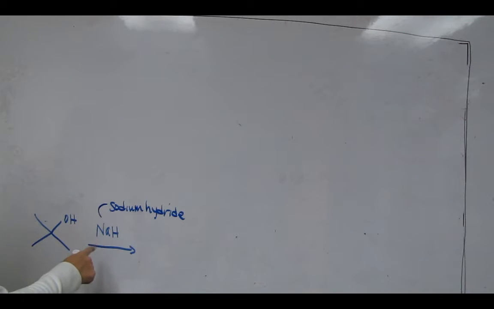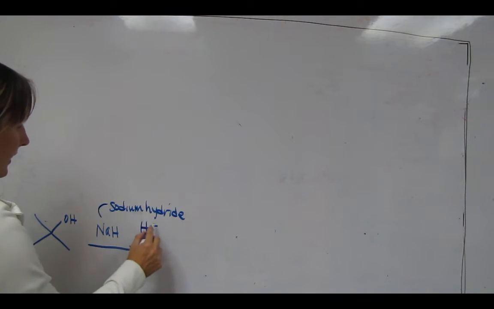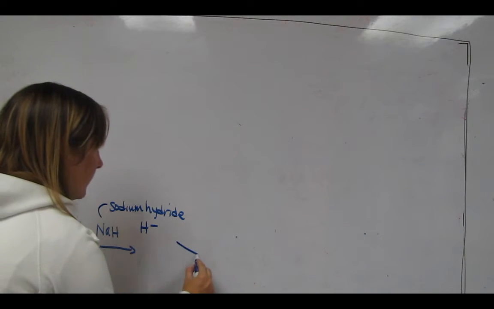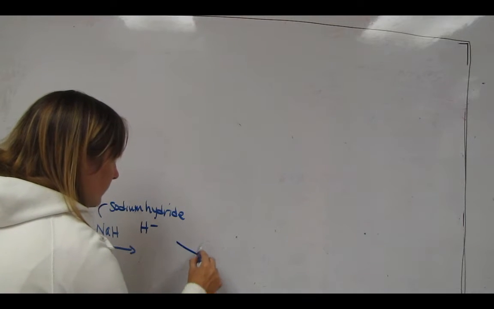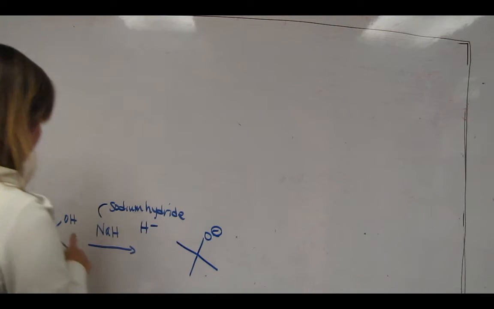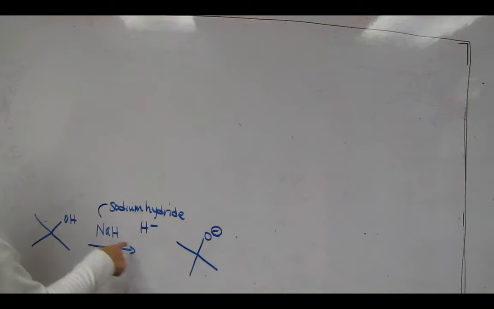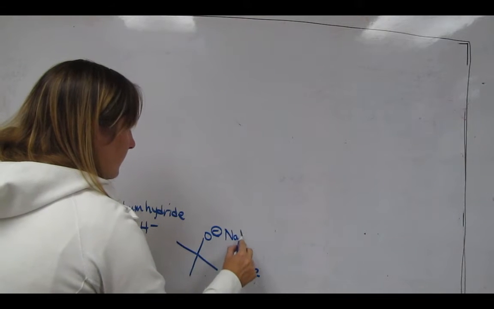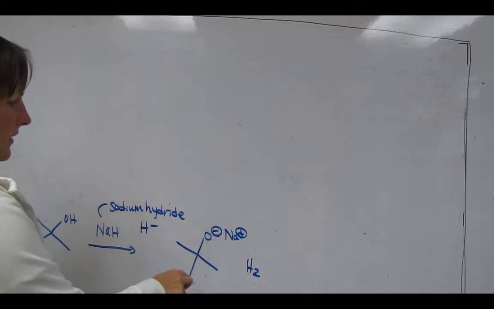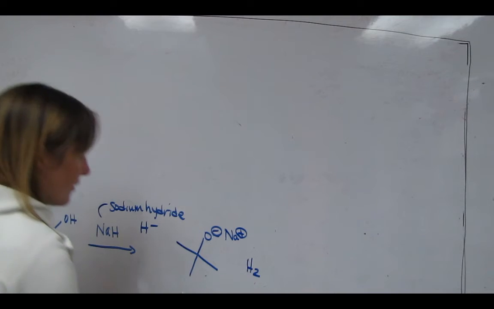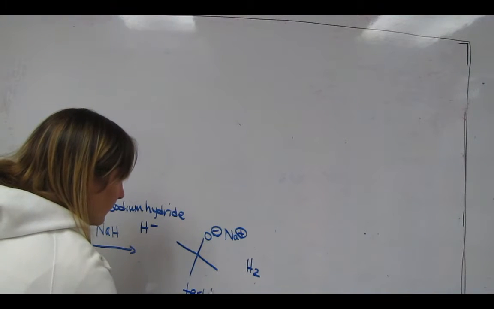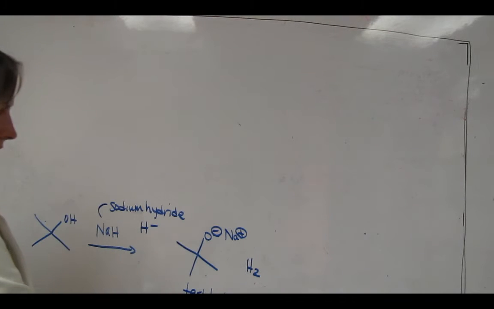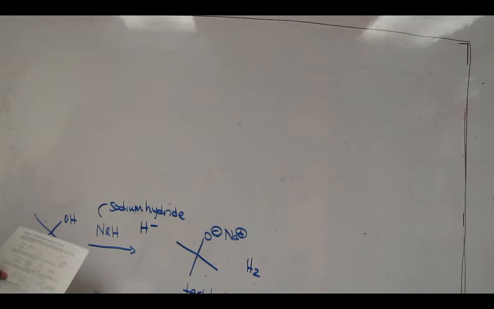Sodium hydride has H minus, which is a base, and it can deprotonate this hydrogen. That forms the O minus, and then H2 is a byproduct, and then we have this sodium. This might look a little weird, but this is basically tert-butoxide. We know tert-butoxide because this was a bulky base.